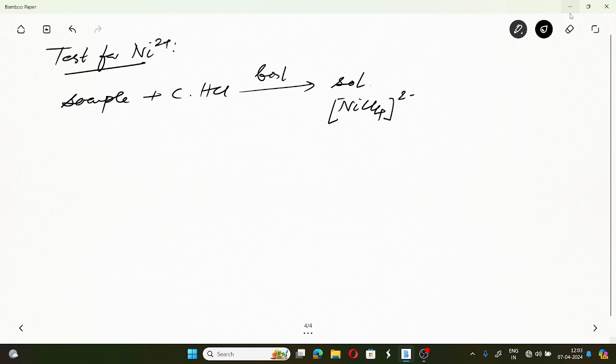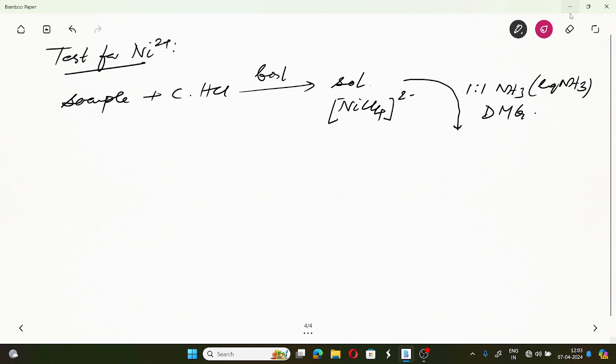Now what should be done? You add 1 is to 1 ammonia or liquor ammonia, and dimethylglyoxime. The medium has to be ammoniacal when you are adding dimethylglyoxime.